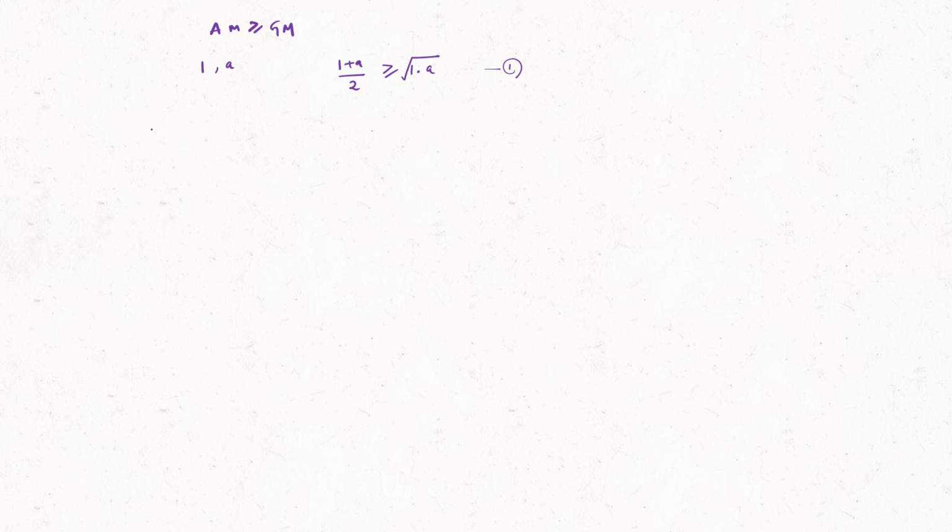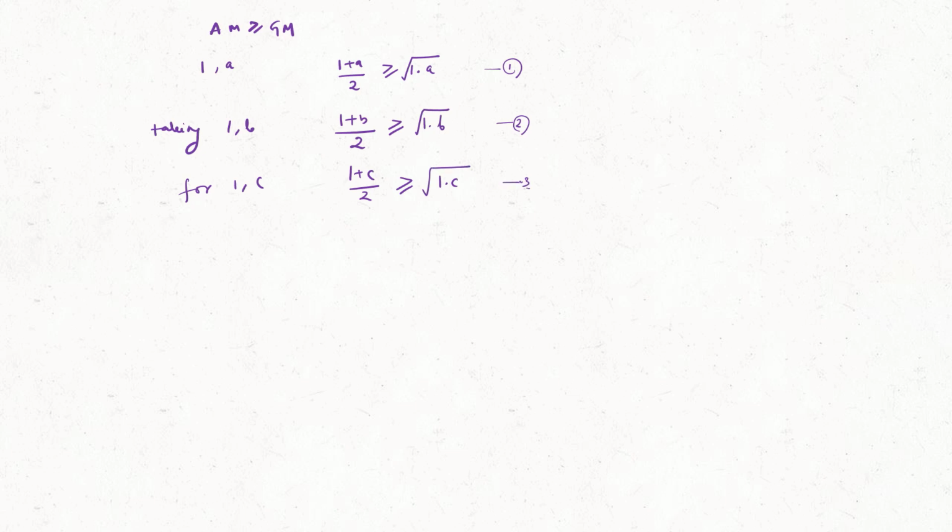Similarly, taking 1 and b, we can write (1 plus b) by 2 greater than or equal to the square root of 1 into b. You can write this as 2. For 1 and c, (1 plus c) by 2 greater than or equal to the square root of 1 into c.